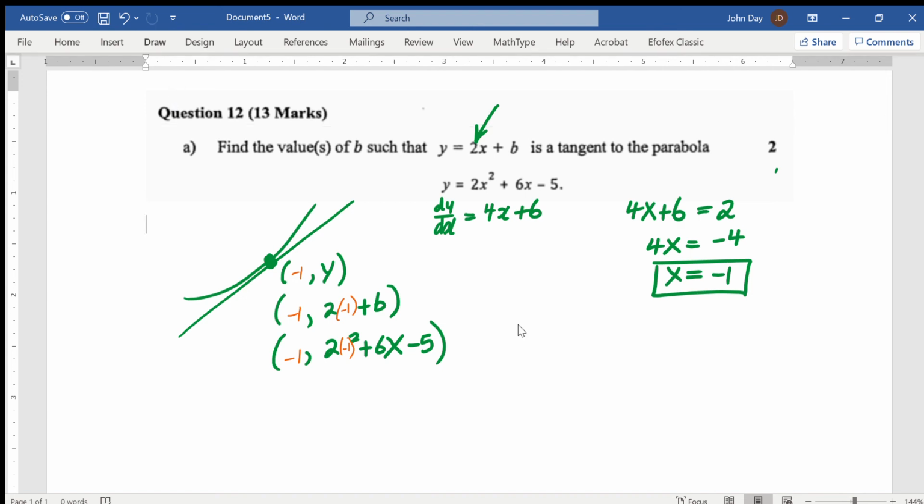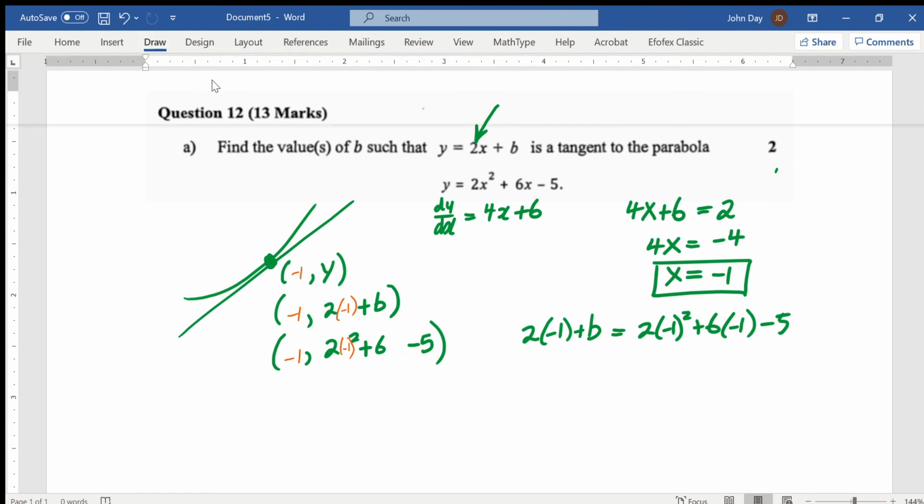The 2 times minus 1 plus b has got to be the same as the 2 times minus 1 squared plus 6 times minus 1 minus 5. Oh, I forgot to. Yeah, I'm going to fix that and make that all nice there. I'm going to pop the minus 1 in like it should have been. There we go. Now, let's work this out.